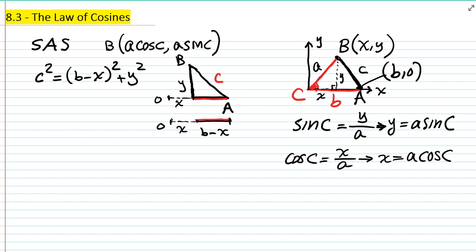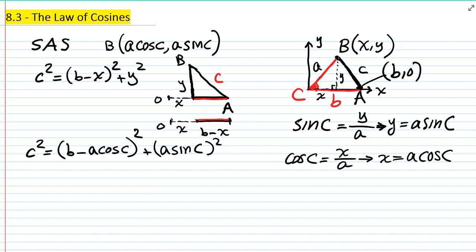Now, I can replace X with A cosine C, couldn't I? Right here, that's X, and then we're going to change Y with A sine C. So we're going to get (B minus A cosine C) quantity squared plus (A sine C) quantity squared.